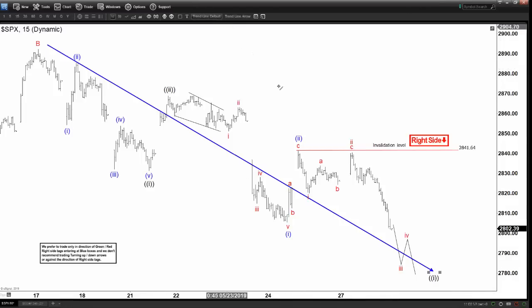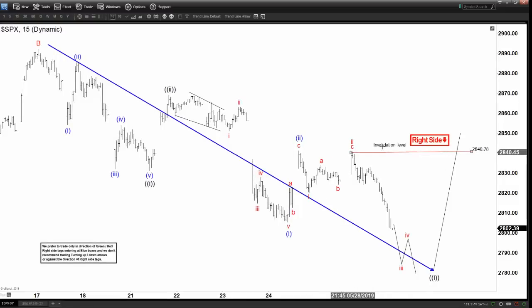So we can be doing, let's say, diagonal 1 2, diagonal 3 4 5, ending with wave 1 of C here. And if that is the case, then this invalidation level is irrelevant, because after ending this one, you will be correcting this entire decline, right? So then the most relevant invalidation level is going to be this one. Actually, this is the key level if we are expecting the downside. This one is just the invalidation level of the most aggressive view, assuming this is a nest 1 2 1 2.